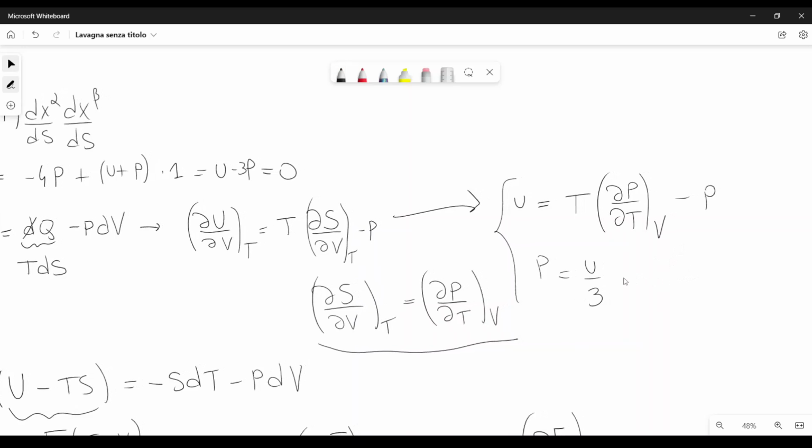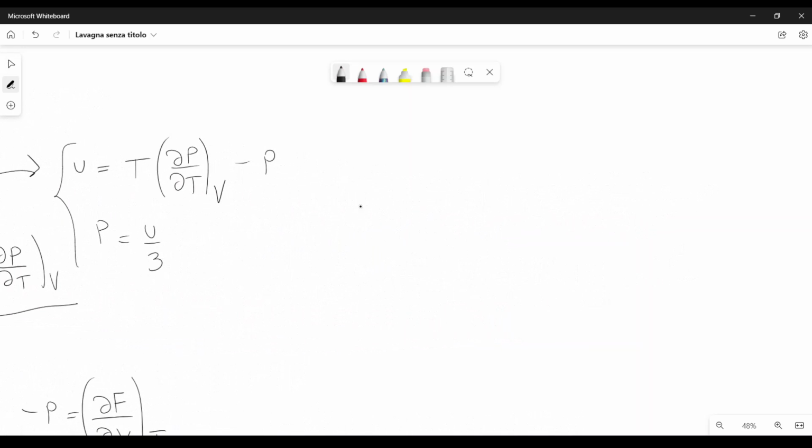So we can replace this equation in the first one, and when we do that, we get U equal to T divided by 3 dU dT at constant volume minus U over 3. We can multiply by 3, so we get 3U, and here we can get rid of this and this.